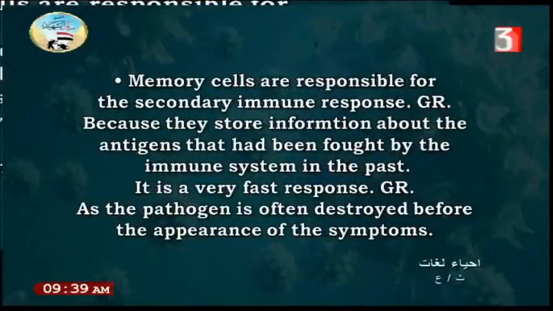Memory cells are responsible for the secondary immune response because they store information about the antigen that has been fought by the immune system. This information helps the body overcome the infection by this disease.